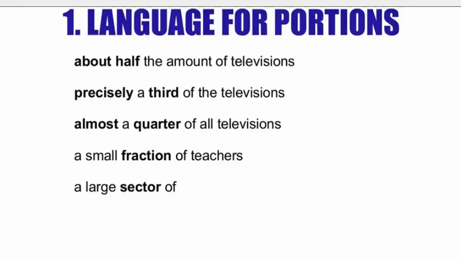Precisely a third of the televisions were sold in Glasgow, wherever. Almost a quarter, a small fraction, a large sector. Copy all of those down. Use them. Show the examiner that you have a variety of language. You've got a large lexical resource.